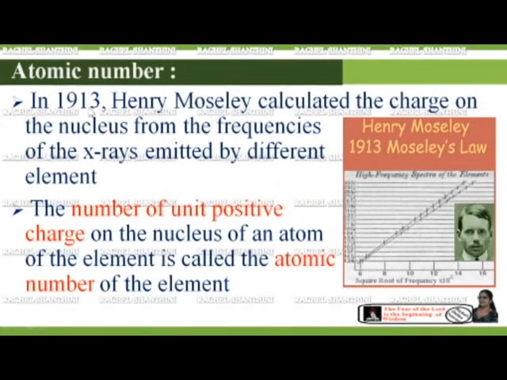Atomic number. In 1913, Henry Moseley calculated the charge on the nucleus from the frequency of the X-rays emitted by different elements. The number of unit positive charge on the nucleus of an atom of the element is called the atomic number of the element.